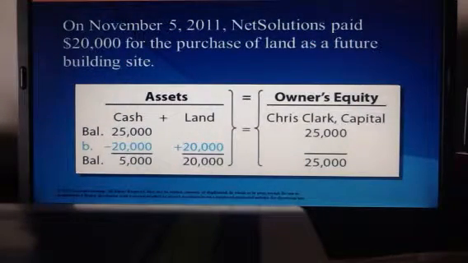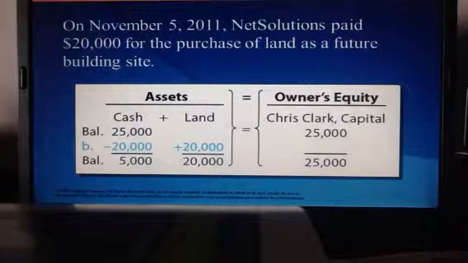The second transaction is on November 5th, 2011. Net Solutions paid $20,000 for the purchase of land as a future building site. So notice transaction B. Now we have another asset we didn't have before. We have some land. So land went up by $20,000. We paid for that with cash, so cash went down by $20,000.